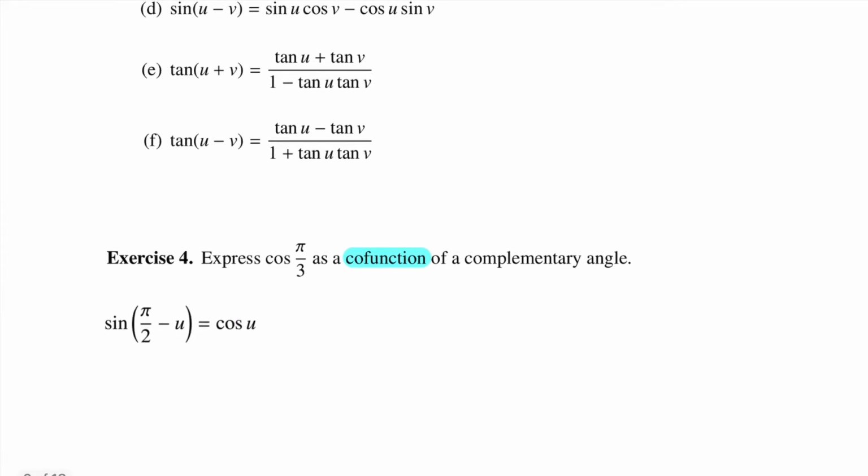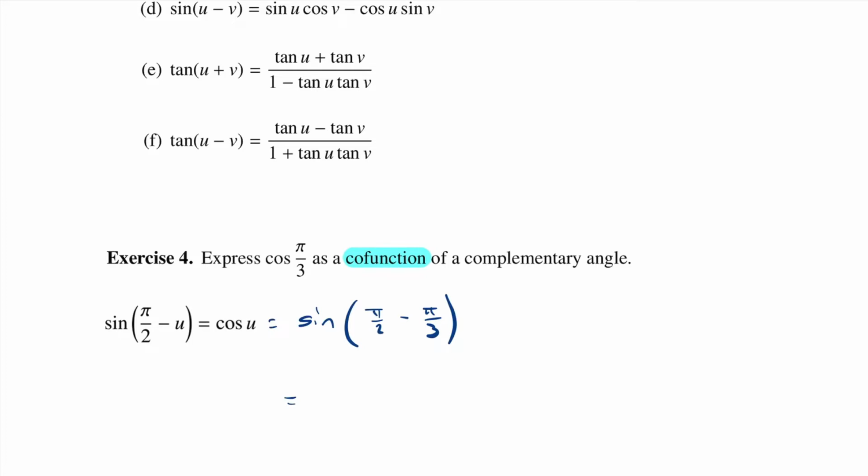Okay, here it is. Clearly U is pi over 3, so you substitute pi over 3 for U, and you're going to get sine of pi over 2 minus pi over 3.